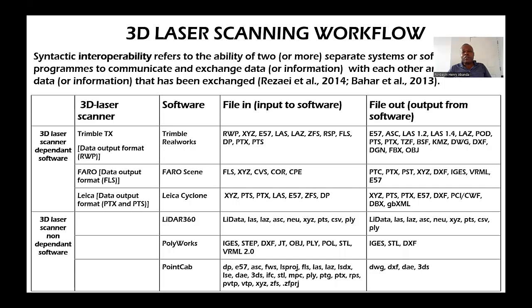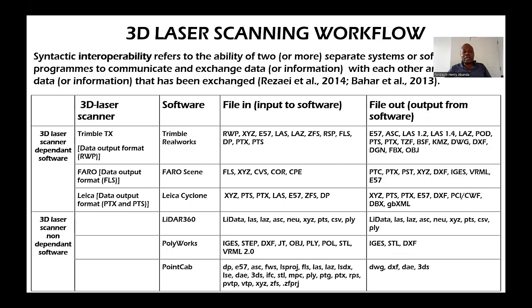Okay, and I put some references there or citations. So in other words, we are saying that for two software to be interoperable or two systems to be interoperable, they should be able to read or exchange data. Okay?